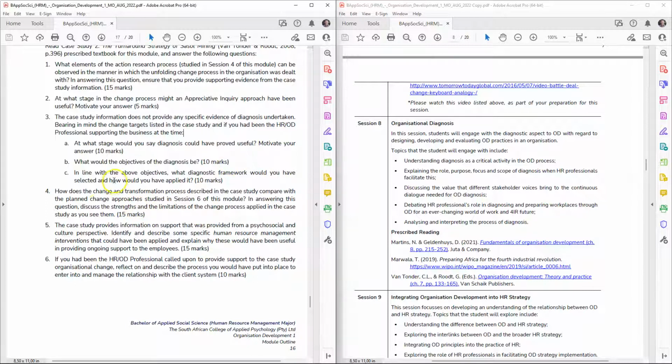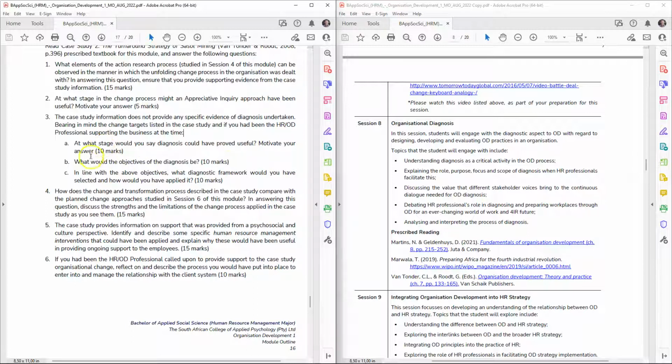And then in line with the above objectives in B, what diagnostic framework would you have selected and how would you have applied it? Okay, so this question here is really very intense, if I can put it that way. It's 30 marks out of the 90 marks, a third, because diagnosis is such a cornerstone of organizational development interventions.